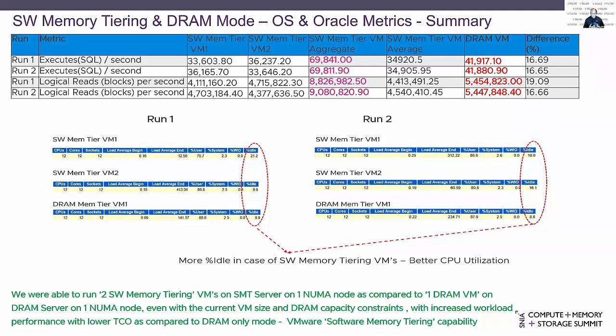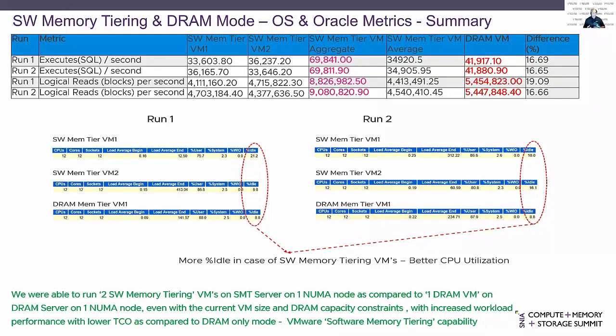I'm able to do my work more effectively because the software memory tiering architecture kicked in for me, and that's helping me provide more memory than I have on that system. So I'm able to do my work better and more efficiently. I have more idle cycles. VM2 is 9.8, virtual machine 1 is 21.2, compared to the DRAM virtual machine at 8.8.